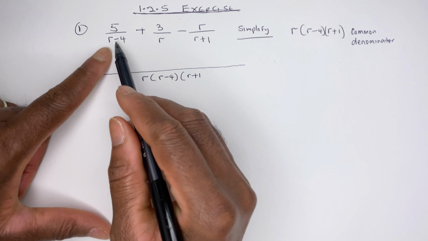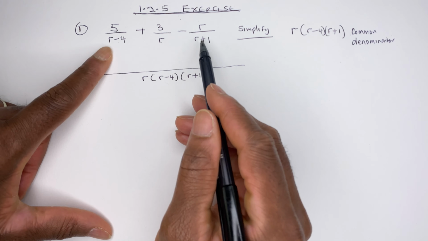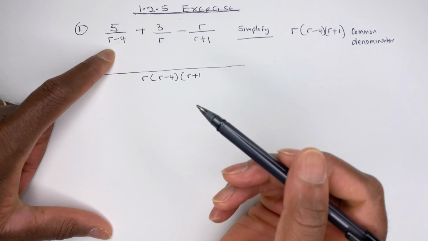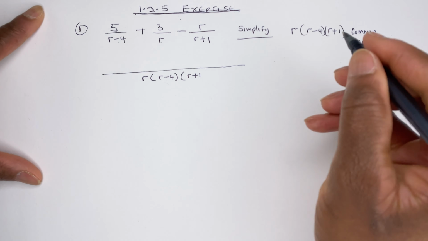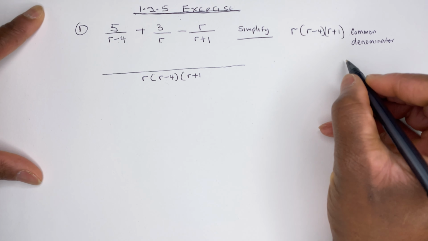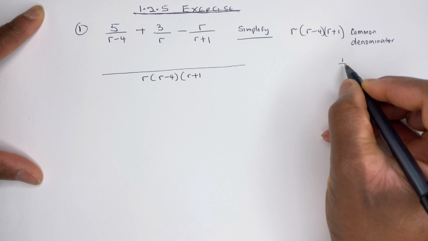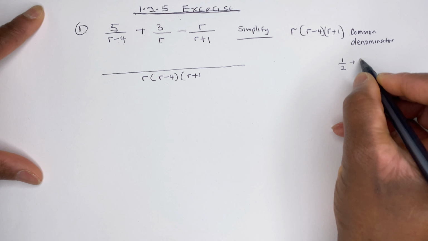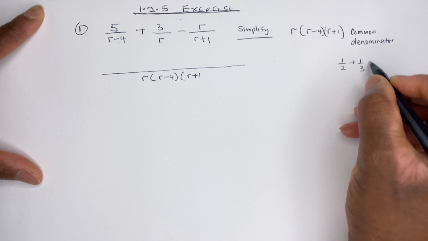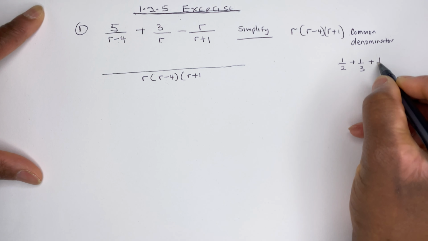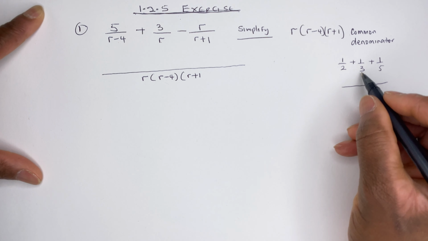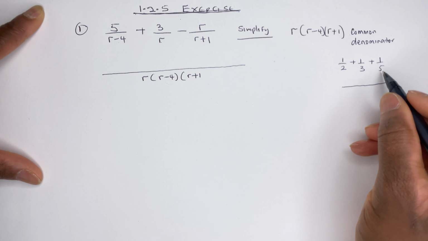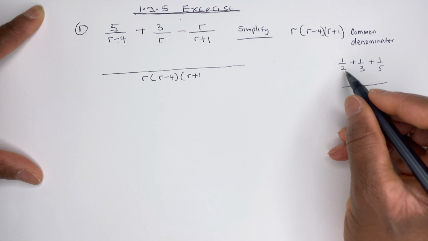All I need to do is just multiply that by that, times that by that, because we don't know what r is. It's a bit like when we're doing an exercise on 1 over 2 plus 1 over 3 plus 1 over 5. Well, the common denominator here has to be 2 times 3 times 5, which is 30.